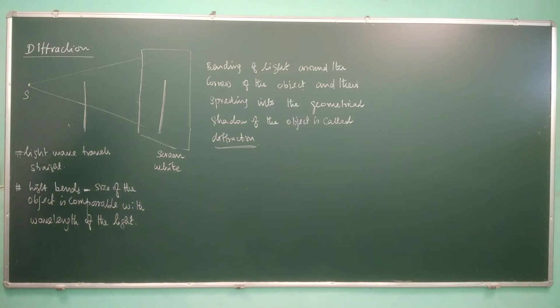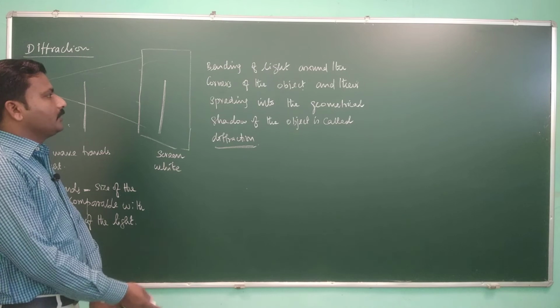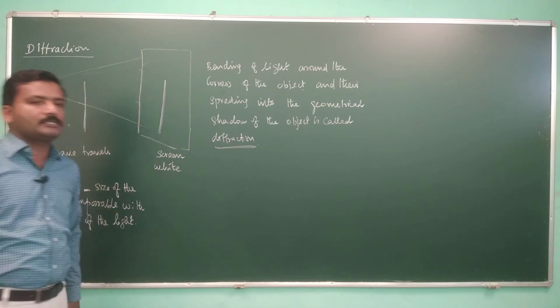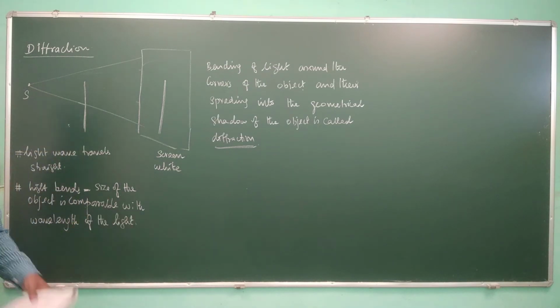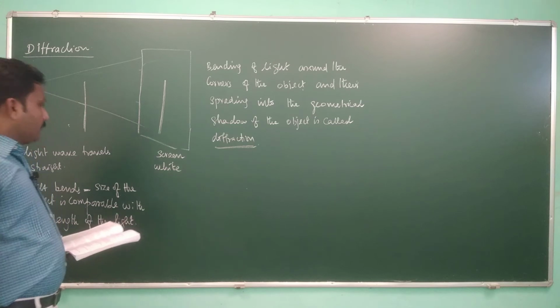Bending of light around the corners of the object and spreading into the geometrical shadow of the object is called diffraction. Fine.